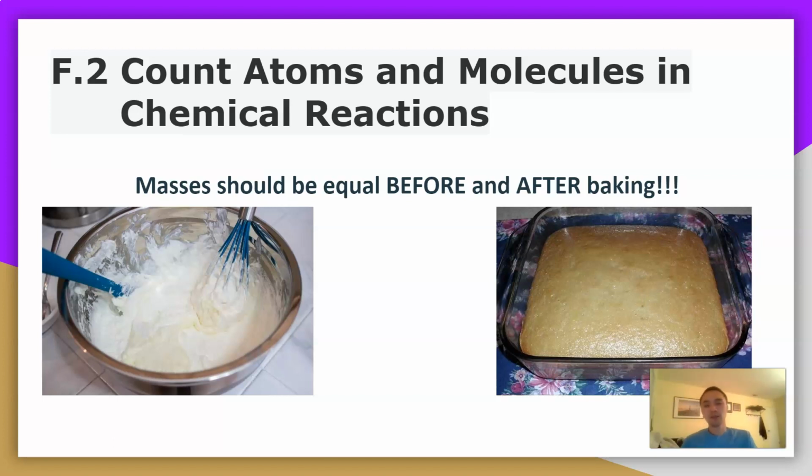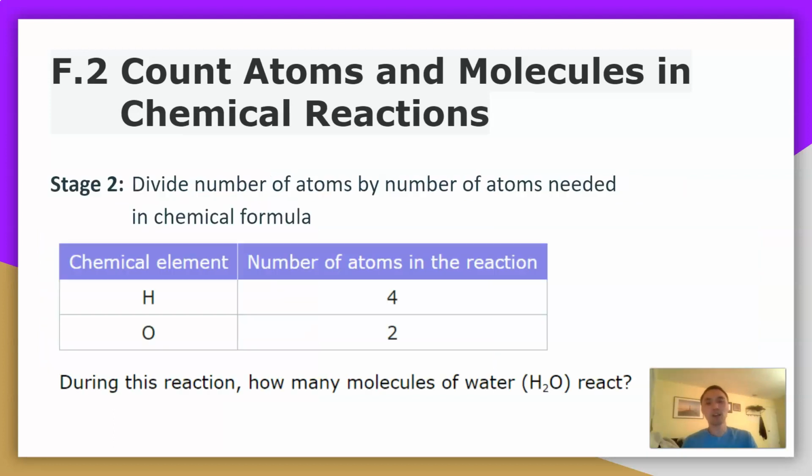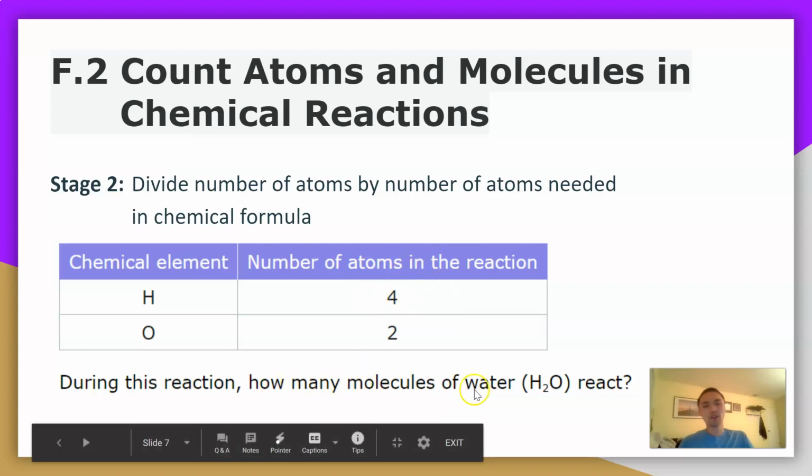The second thing we need to make sure you're aware of is the part on stage 2, partially stage 1. Basically, you divide the number of atoms by the number of atoms in the chemical formula. So you see here, number of atoms in the reaction is 4. How many molecules of water will react?